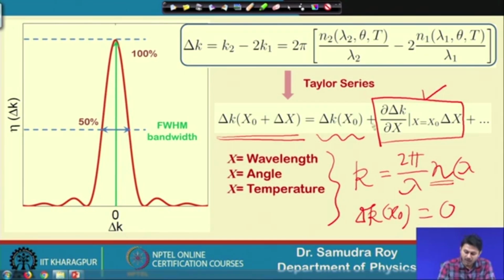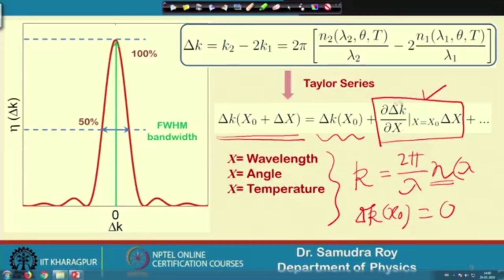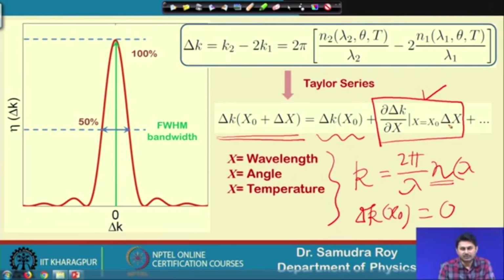We need to know how delta k is changing as a function of x, x may be wavelength, angle or temperature, as I said. And if I multiply this rate of change with delta x, we can find the total amount of change in delta k because of the change of delta x.